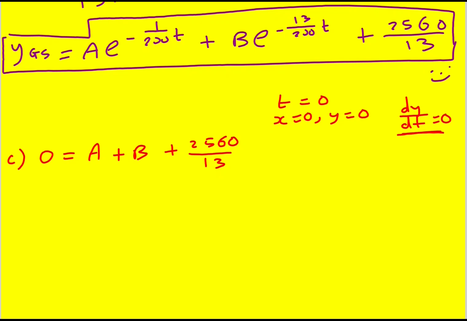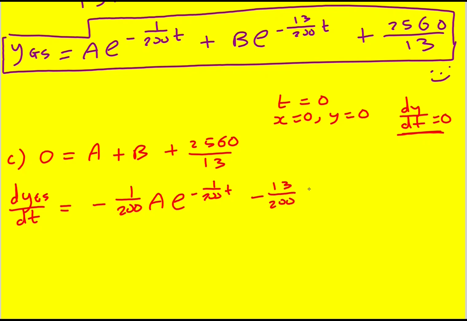And I've also got this dy by dt, so let's find the derivative of the general solution and then set it equal to 0. So I'm going to get minus 1 over 200a e to the minus 1 over 200t minus 13 over 200b e to the minus 13 over 200t, and that's it.